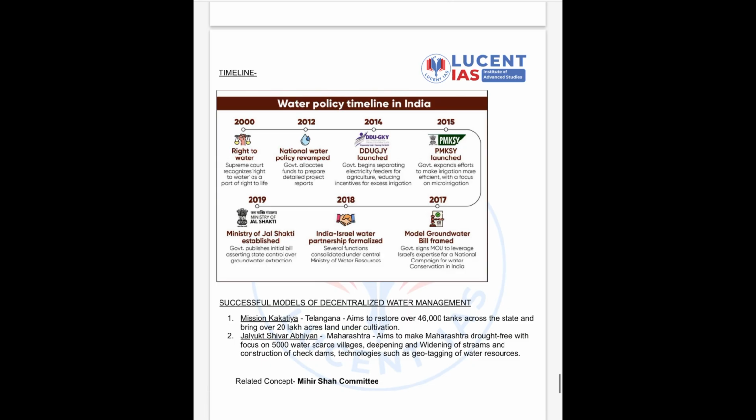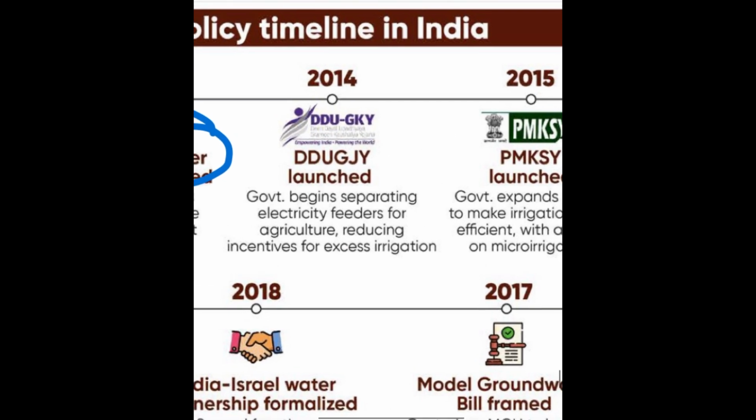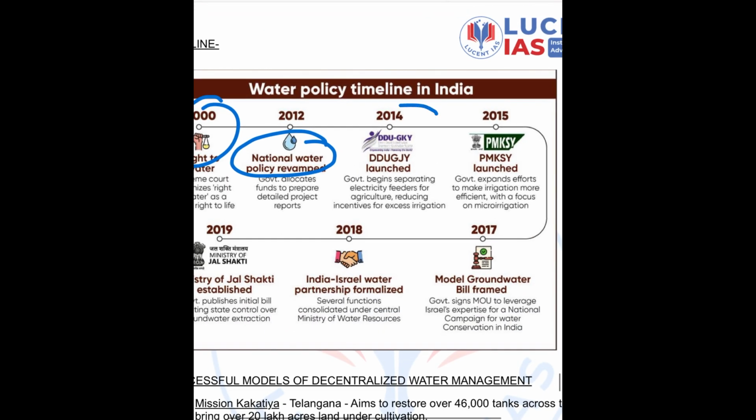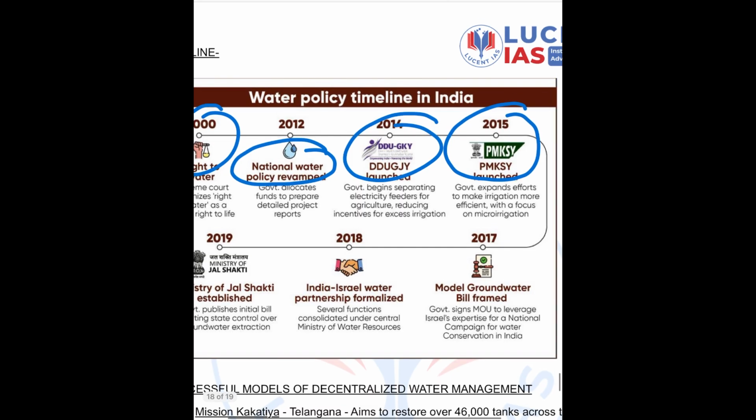Next, let us see the timeline of water policy in India. In 2000, the Supreme Court decided right to water is a fundamental right. In 2012, the national water policy was revamped. In 2014, we have the DDU GKY. Clear? Then in 2015, Pradhan Mantri Kisan Sampada Yojana.